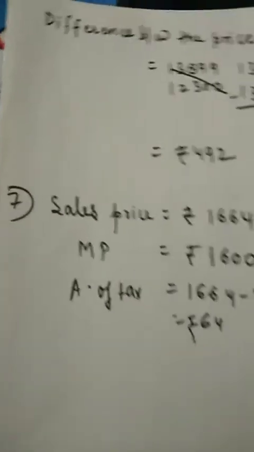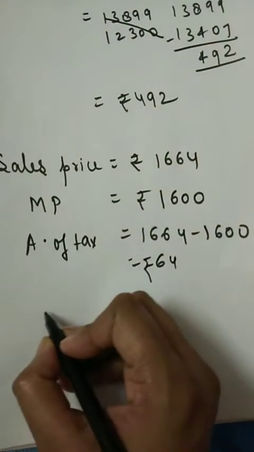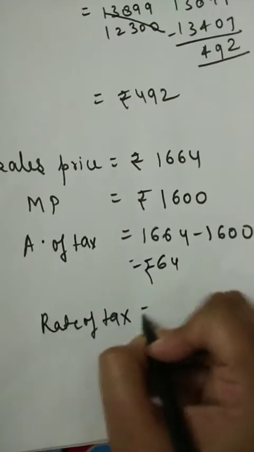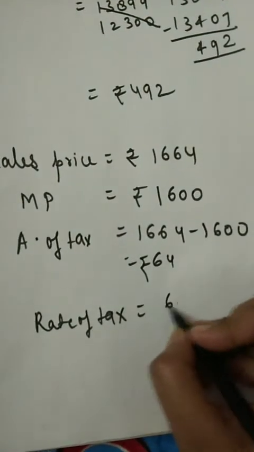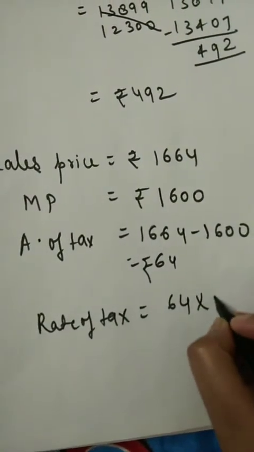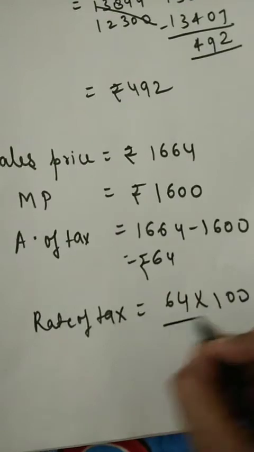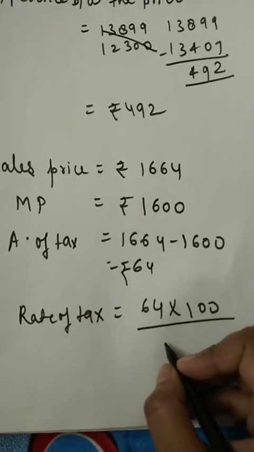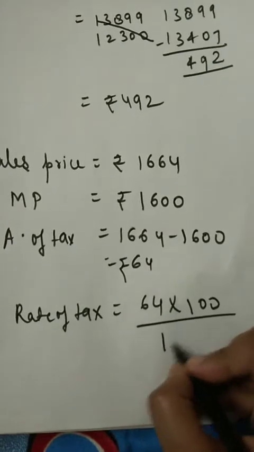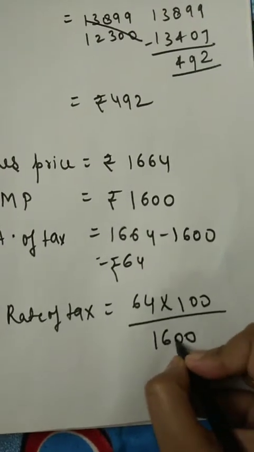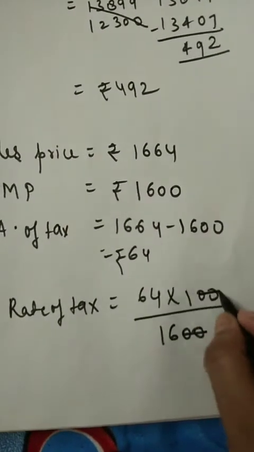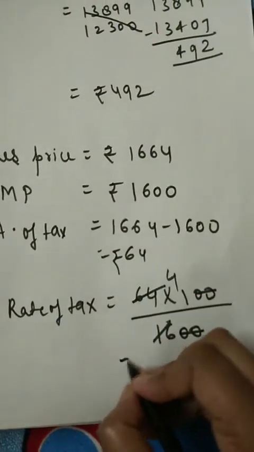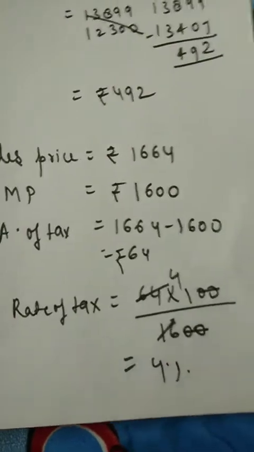Now we have to find the rate of tax. Rate of tax will be 64 into 100 upon the marked price. This is 4%.